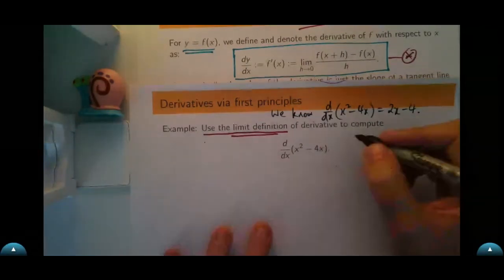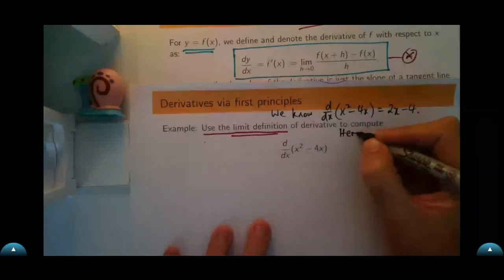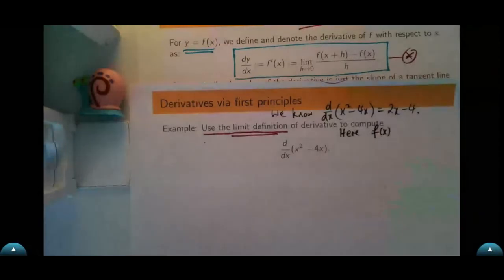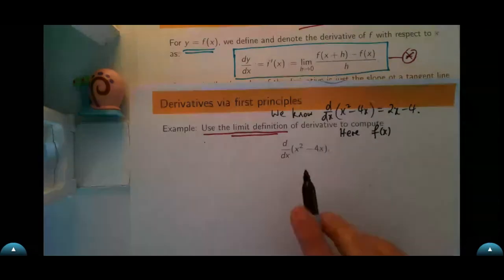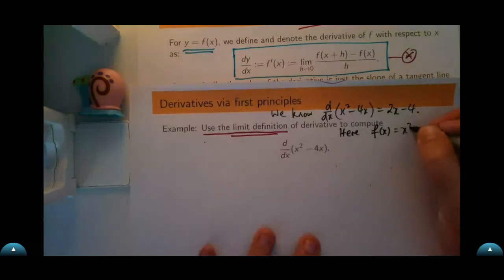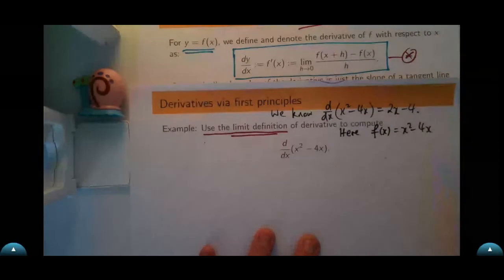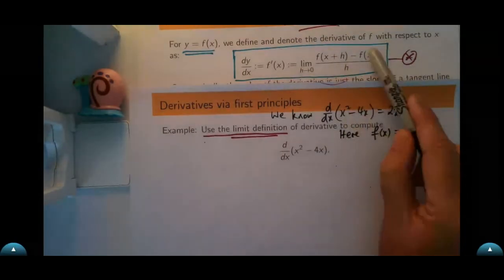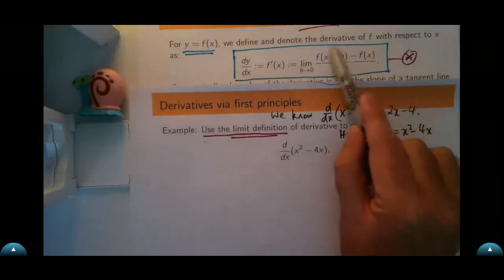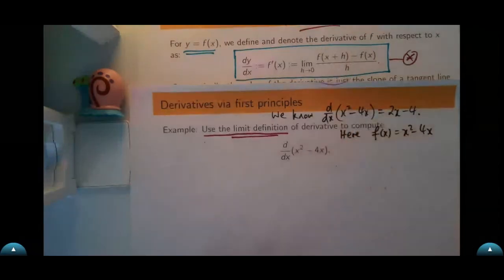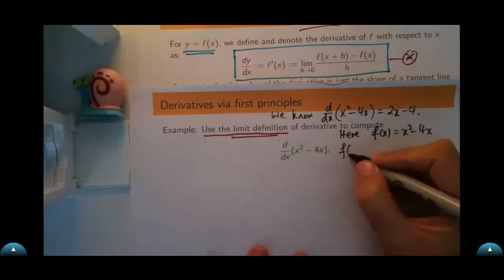All right, so here, your function of x is just x squared minus 4x. And so we've got that, no problem. Let's get this now.